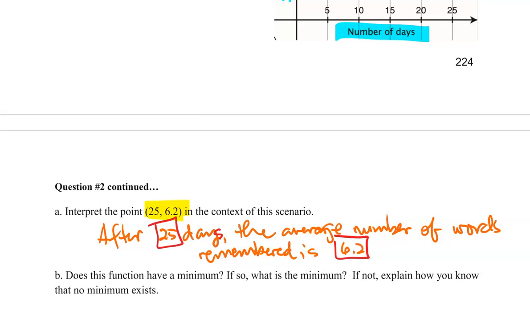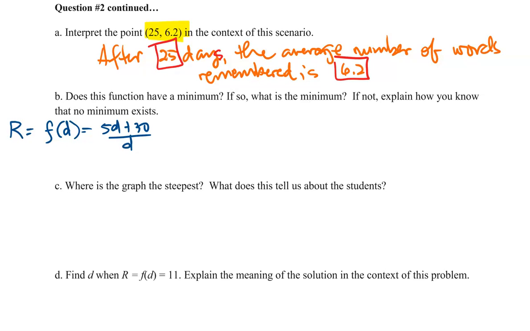Letter B, does this function have a minimum? If so, what is the minimum? And if not, explain how you know that no minimum exists. Based on the function f of d is equal to (5d plus 30) over d, we know that d can't be 0.